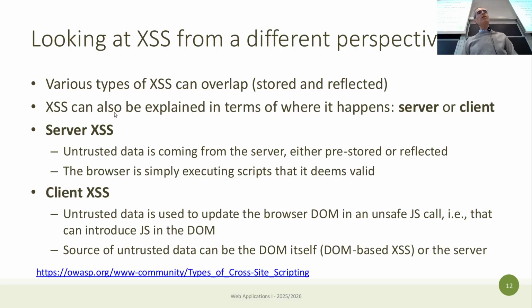Cross-site scripting attacks can also be classified or explained in terms of where they happen, on the server or on the client, okay? So server cross-site scripting attacks are basically all attacks that involve untrusted data that comes from a server. Okay, so somebody has managed to trick the server into sending malicious code to the client.